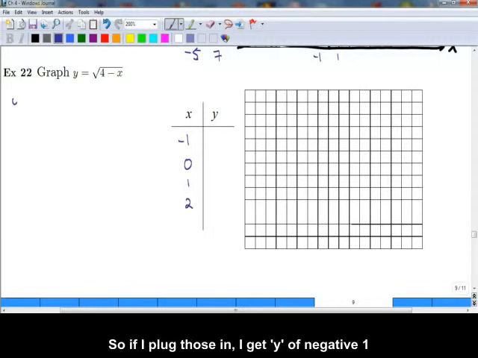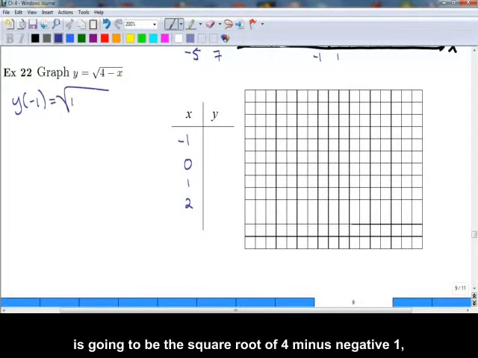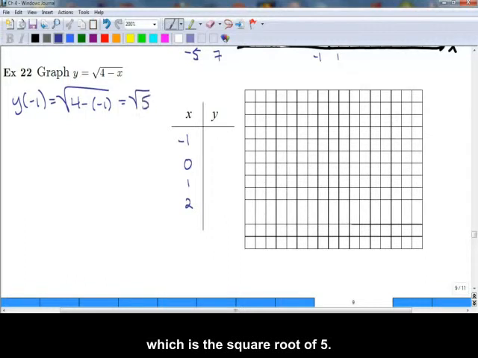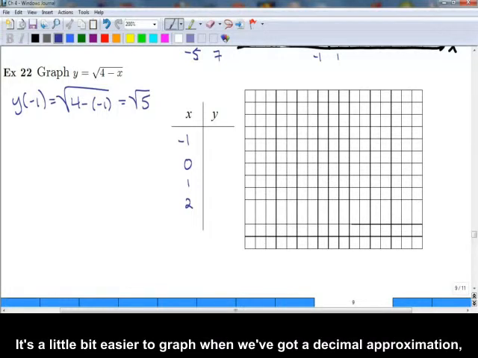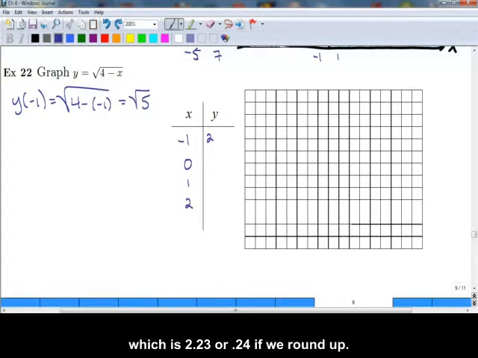So if I plug those in, I get y of -1 is going to be the square root of 4 minus -1, which is the square root of 5. And we can find a decimal approximation by plugging that in the calculator. It's a little bit easier to graph when we've got a decimal approximation, which is 2.23 or 24 if we round up.